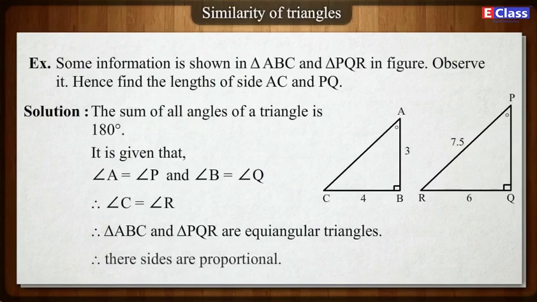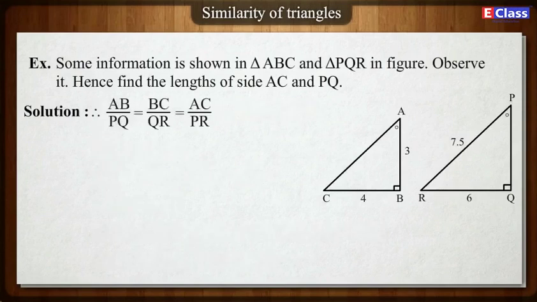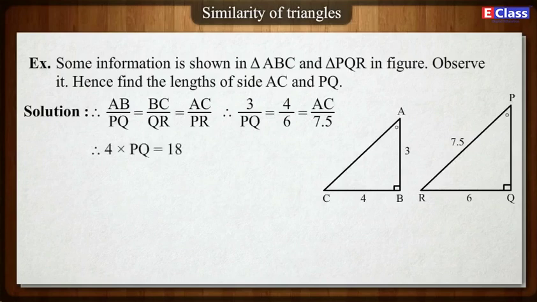Therefore, AB upon PQ is equal to BC upon QR, which is equal to AC upon PR. Therefore, 3 upon PQ is equal to 4 upon 6, which is equal to AC upon 7.5. Therefore, 4 multiplied by PQ is equal to 18.